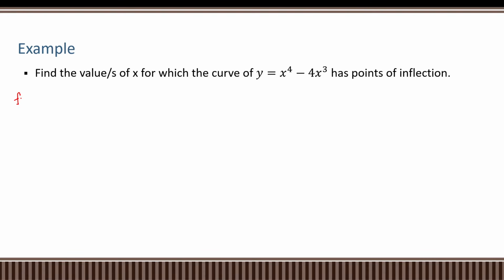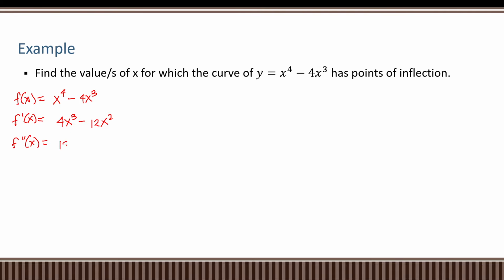Let us transform it into a function. f of x is equal to x raised to 4 minus 4x raised to 3. So the first derivative is equal to 4x cubed minus 12x squared. So this is the first derivative. And we have to find the second derivative.